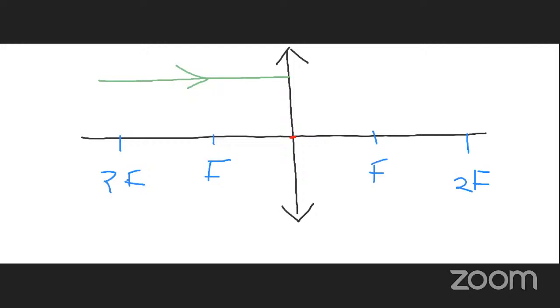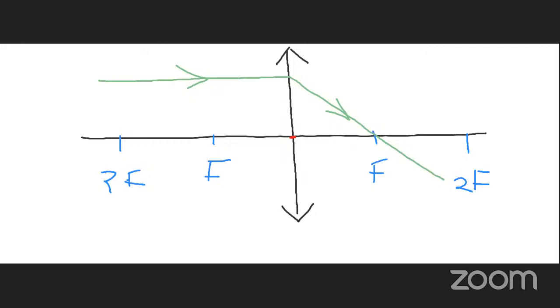A ray parallel and close to the principal axis, on refraction passes through the principal focus or the focal point.